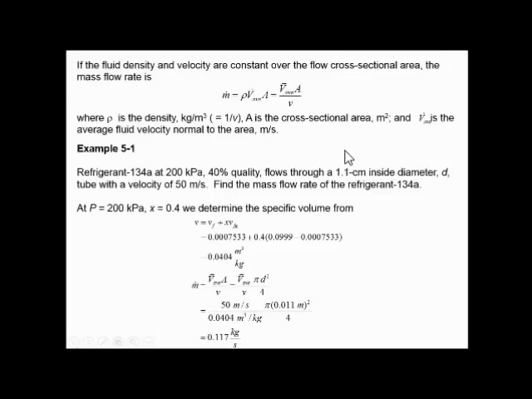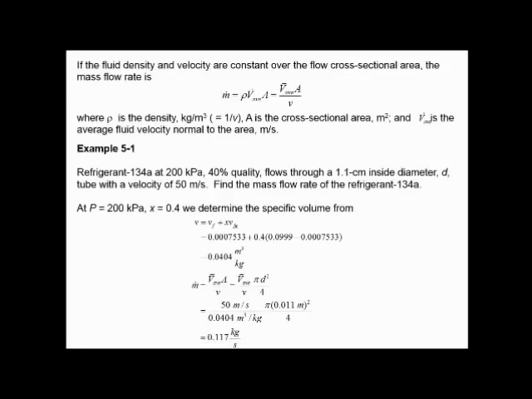It flows through a 1.1 cm inside diameter D with a velocity of 50 meters per second. Find the mass flow rate of the refrigerant. Now in this case P is given, x is given, so we need to determine the specific volume. Just go back to the previous video about the properties of pure substances, in which you calculate the specific volume from a given pressure value.